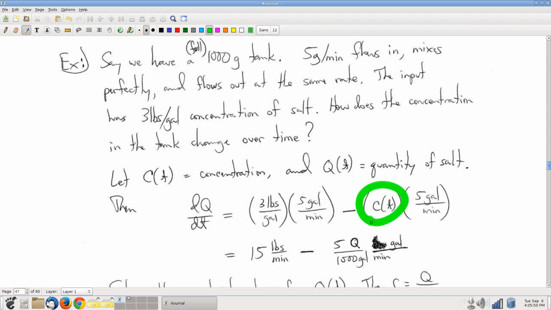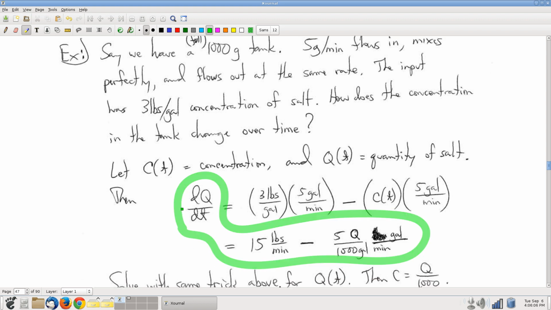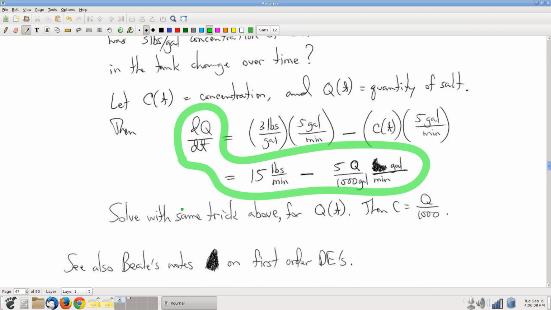Specifically, concentration is quantity divided by volume, with volume being 1,000 gallons. So we have here a differential equation for quantity, and once you have solved for Q of T, there's your formula for concentration.